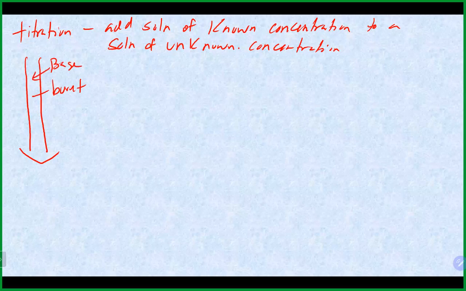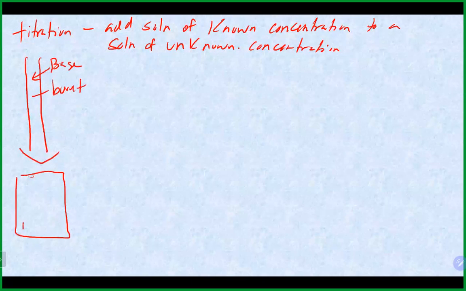By the way, you could also fill it with acid if you wanted to as well. And then your beaker or flask or whatever it may be would have the opposite, so something like an acid. And in this situation, we could add our base to our acid, and we would add maybe a couple other things to this, maybe some deionized water, but also we would add an indicator.